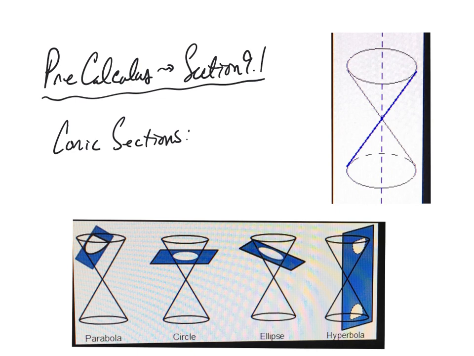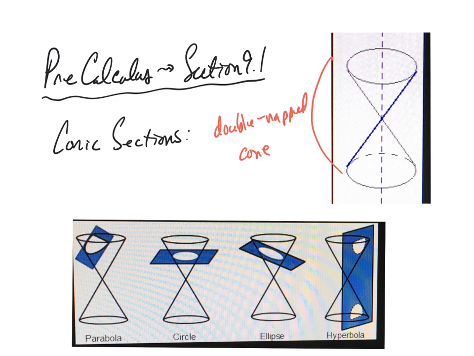And what we focus on here in the first four sections of Chapter 9 are what are called the conic sections. And what we do with the conic sections is we take what's called a double napped cone. In fact, let me write that out for you. We take a double napped cone, which you see off to the right.